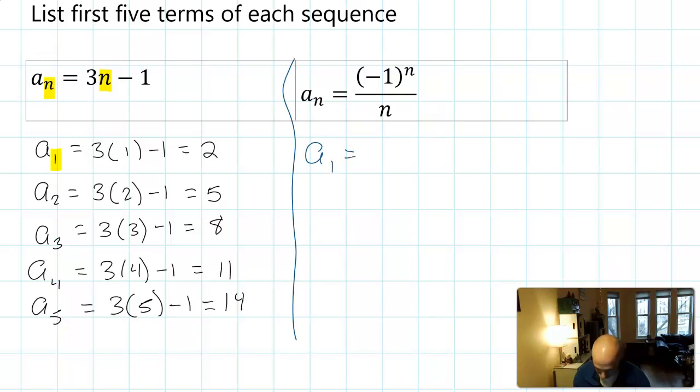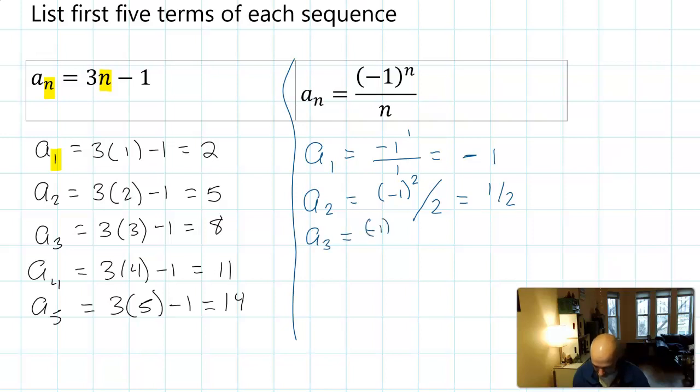So A1 would be -1 to the first over 1. That's just -1. A2 would be -1 squared over 2. Now, -1 squared is +1, so this is going to be 1/2. A3 would be -1 to the third over 3.